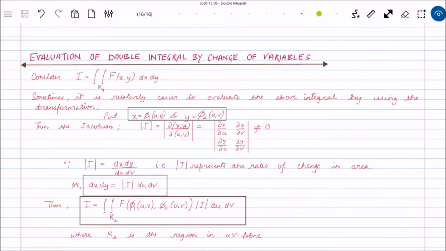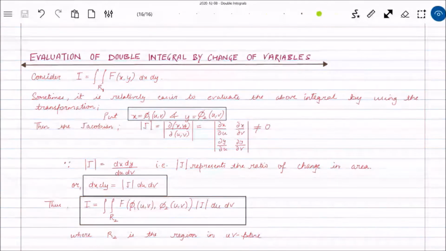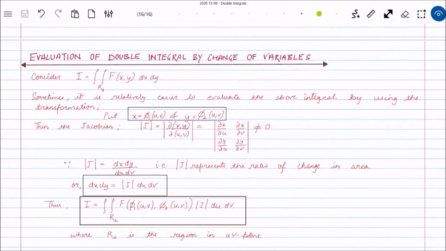And as I told you yesterday, whenever you change the universe of a problem relating to a double integral, by universe I mean you are going to the uv plane from the xy plane, you are leaving your original plane, the xy plane, and moving onto the uv plane.